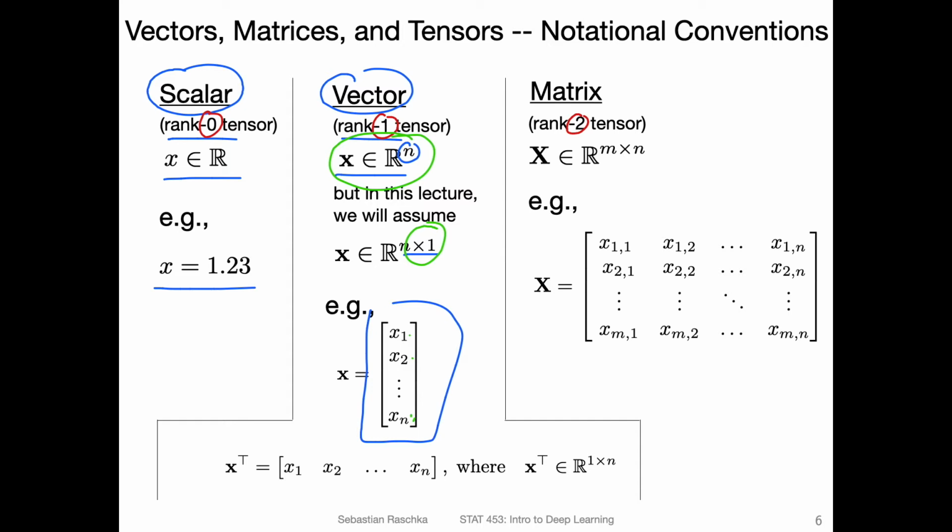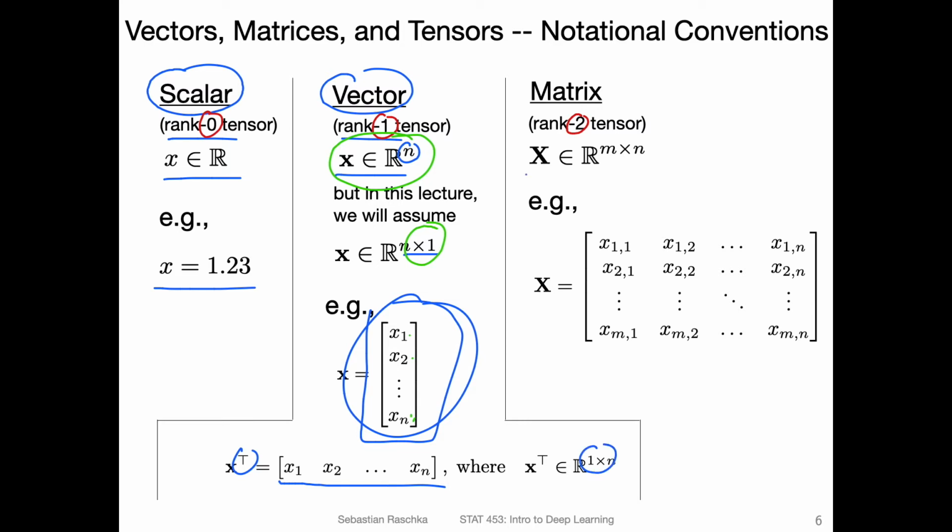That is because of certain computations, for convenience. And usually by default, I will denote the vector as a column vector. However, when I write a transpose, we will also sometimes use row vectors. So it's basically just a vector transposed, which is now a 1 times n dimensional vector.